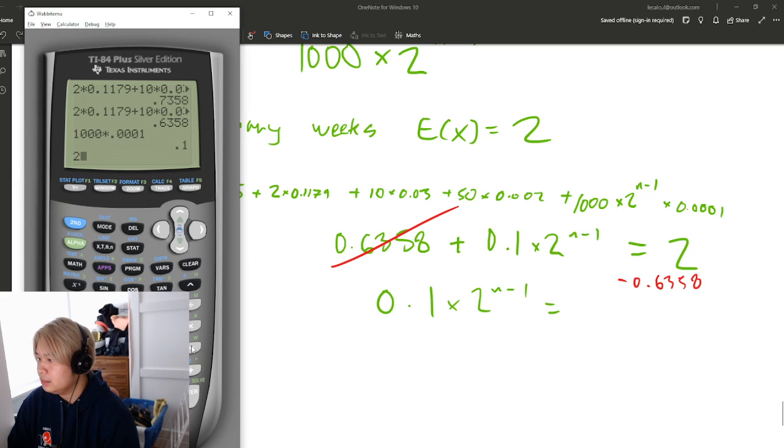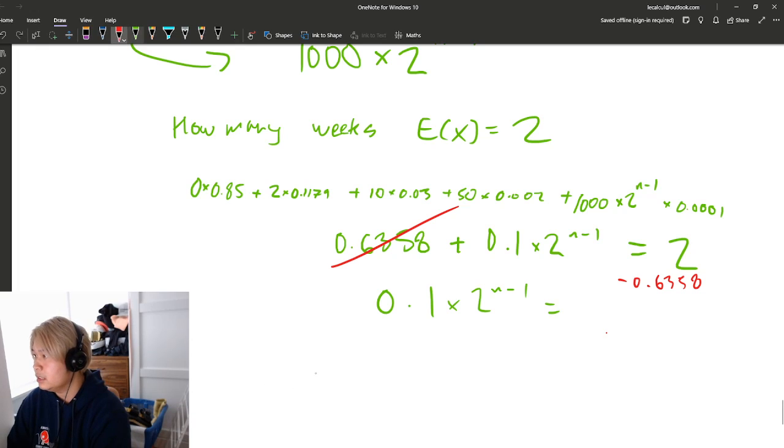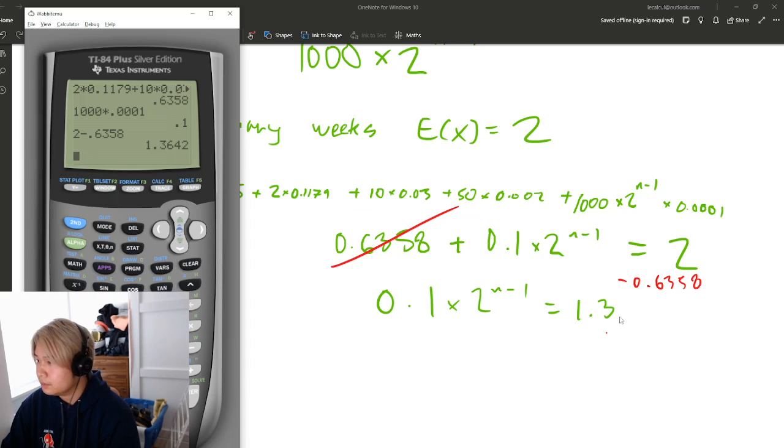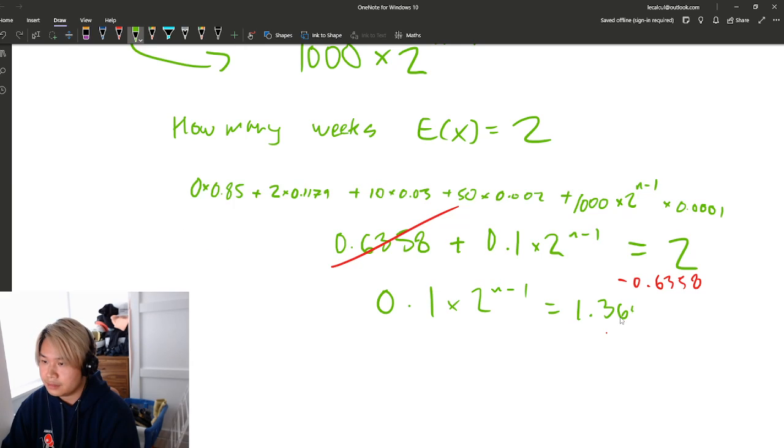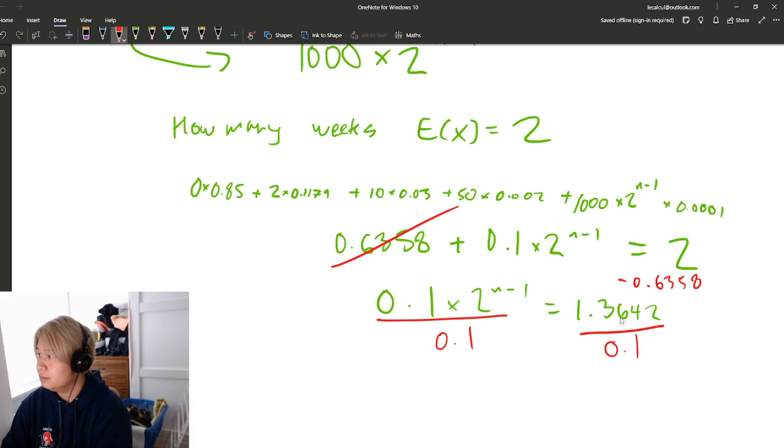So we got 2 minus 0.6358. So we got 1.3642, divide by 0.1, divide by 0.1.